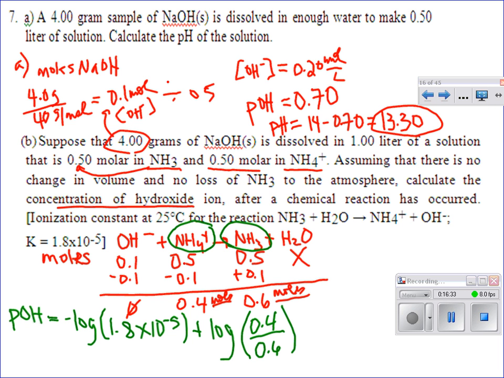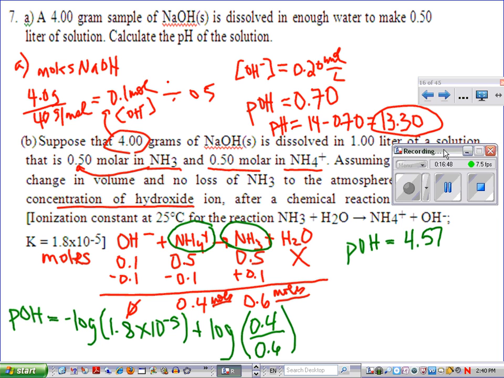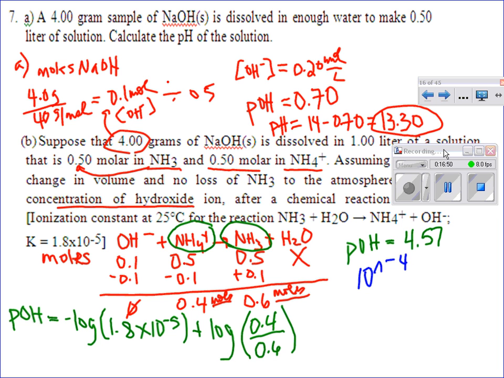So what'd y'all get for pOH? 4.57. Okay, and then we have 10 to the negative 4.57 will be equal to 2.7 times 10 to the negative fifth moles per liter.